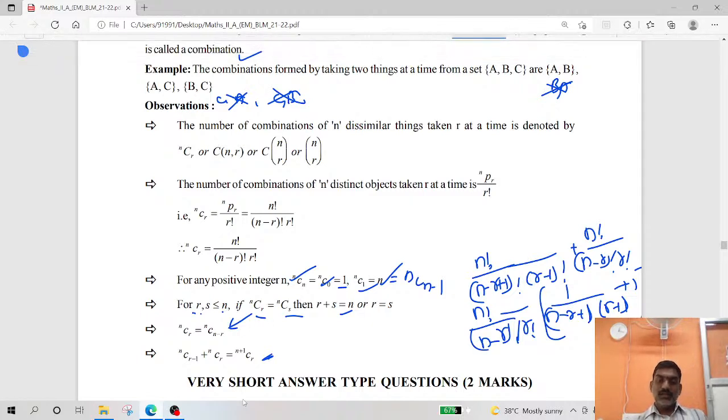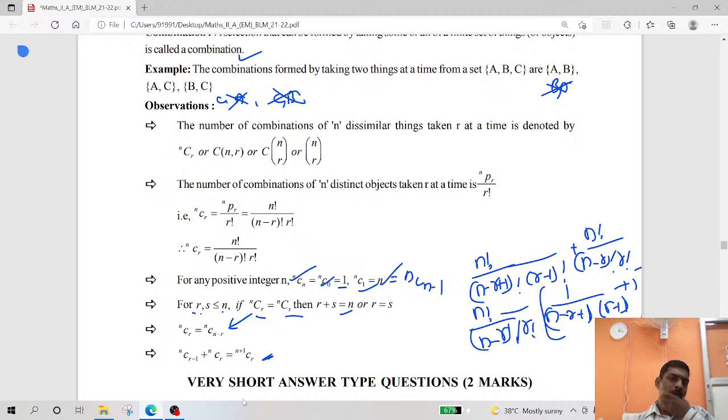What are we getting? n plus 2, n plus 2 we are getting, divided by (n minus r) factorial into r factorial.